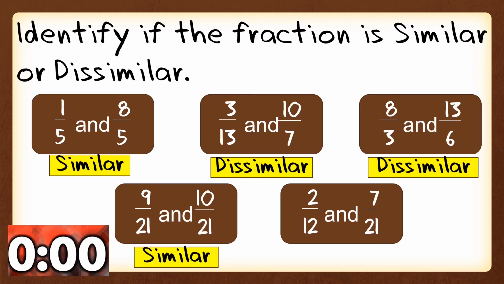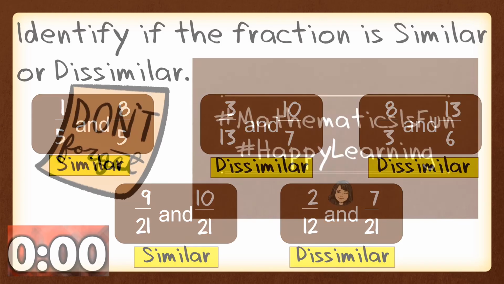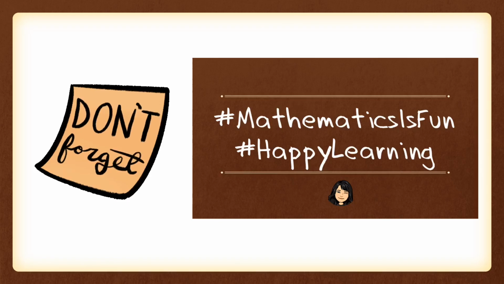Number 4, similar fraction because it has a denominator of 21. And for the last, number 5, dissimilar fraction because it has different denominators. So, don't forget, happy learning because mathematics is fun!